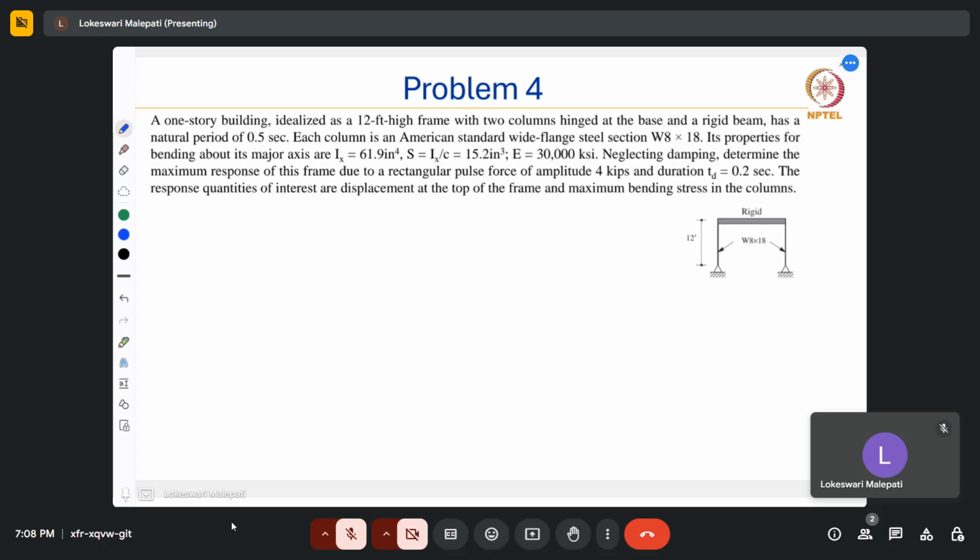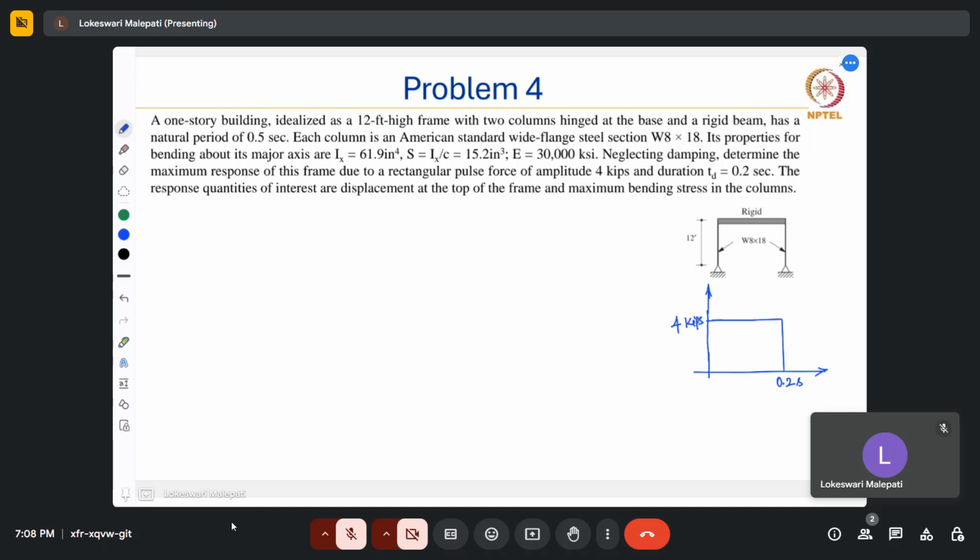So there is a rectangular pulse with amplitude 4 kips and acting for a duration of 0.2 seconds. Now we need to find out the maximum displacement and everything.